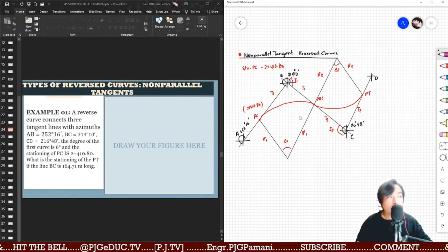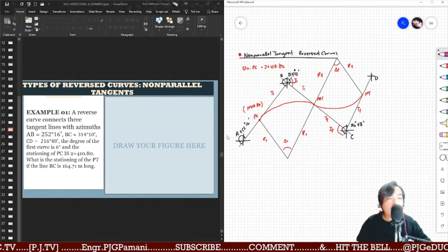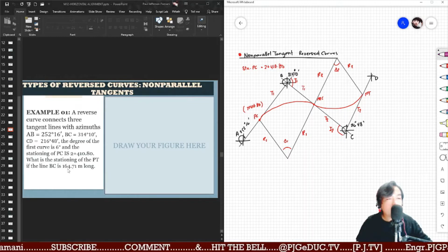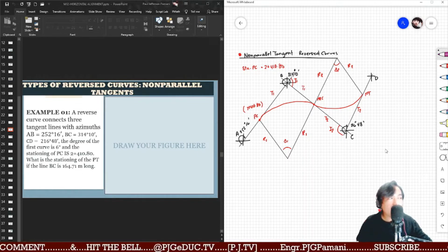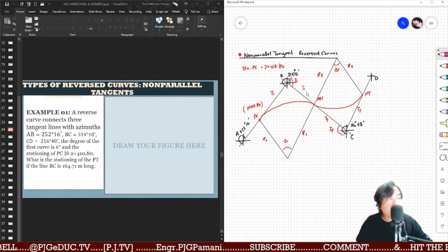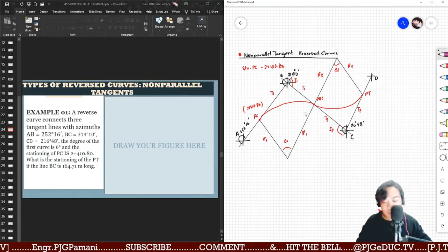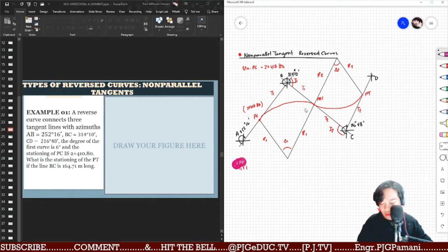Now, notice that the length of line BC is 164.71 meters. In our figure, B to C is the line for tangent 1 and tangent 2, which is basically your common tangent in our reverse curve.